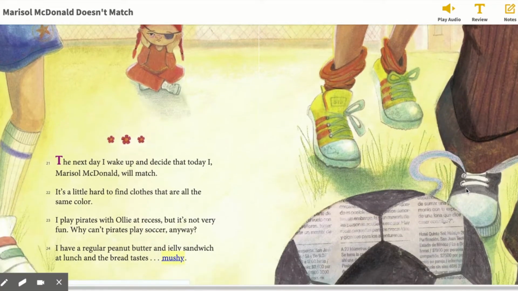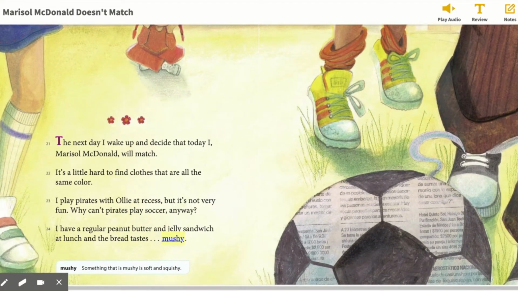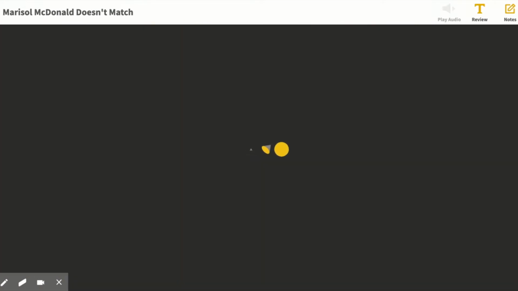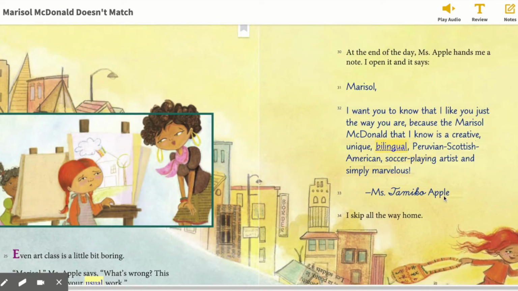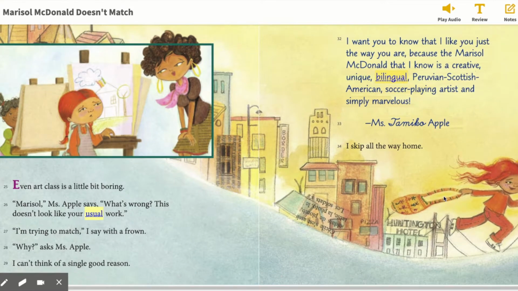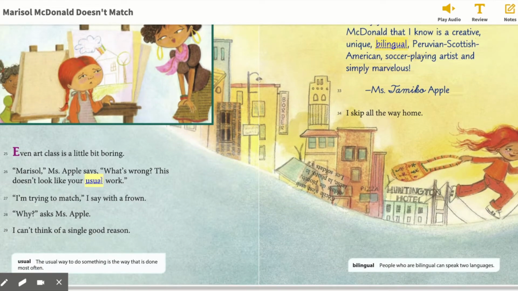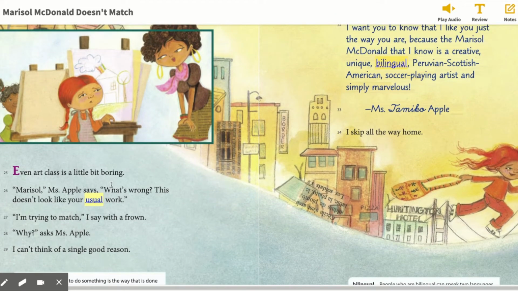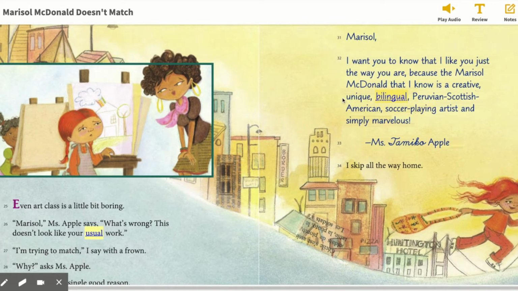Oh, and this is where she was kind of sad, right? It's where she was being plain. So I'm going to keep going because that definitely doesn't go on her heart map. But right here, look what happens when she's in school the next day. What does Miss Apple tell her? She writes her a letter. So what can you infer?